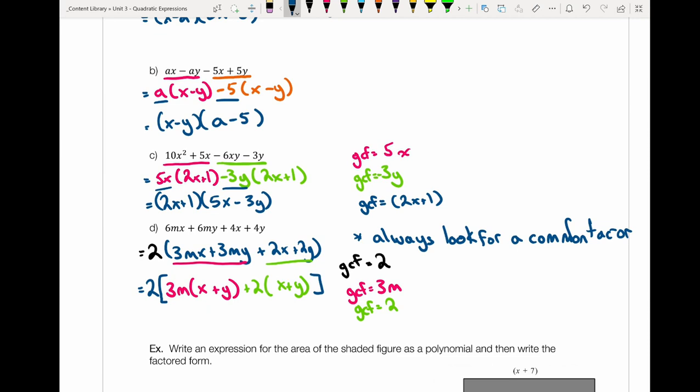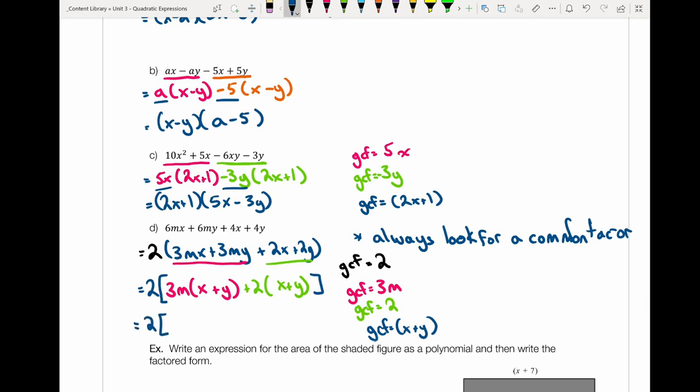And then finally, we should be able to see that we can factor by grouping again, because both of these two terms have the common bracket of x plus y. So basically there's lots of greatest common factors in different steps.